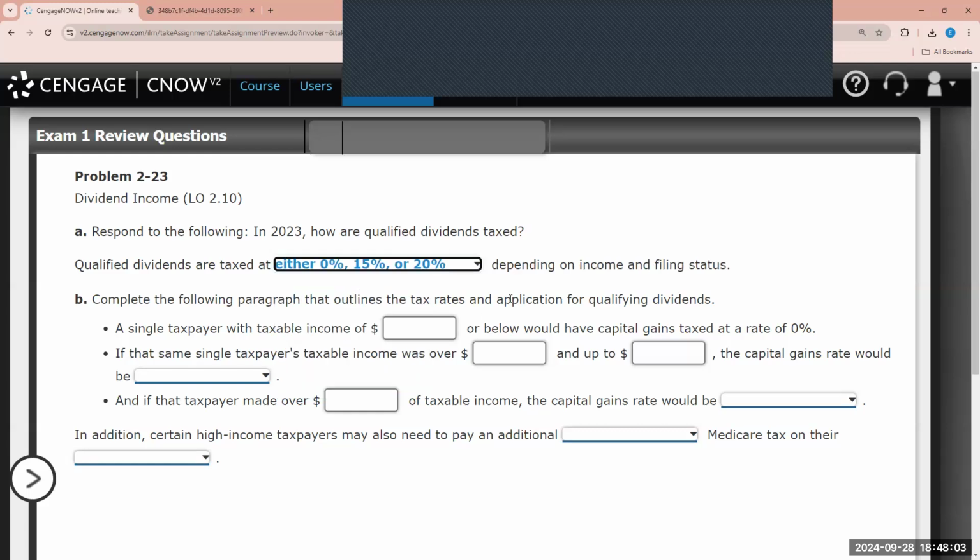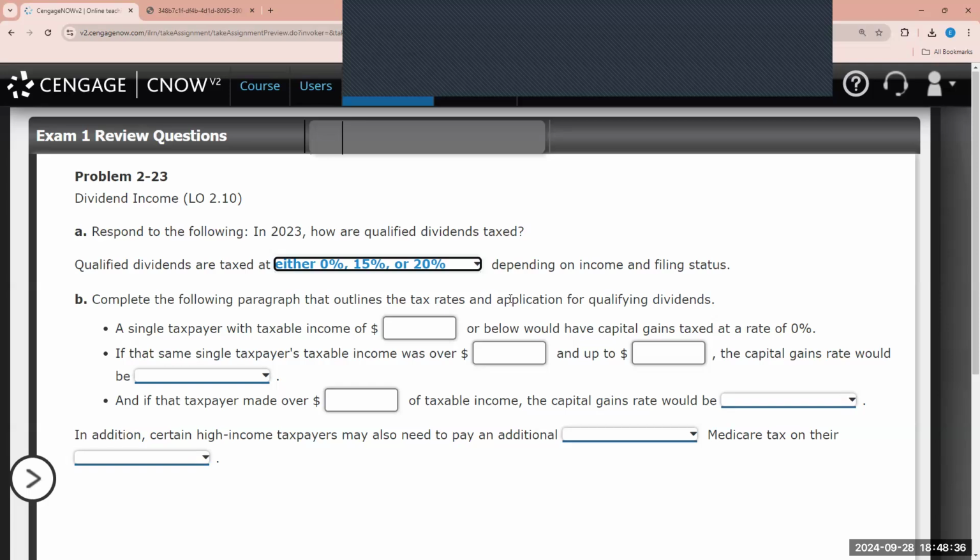So one of the reasons being is that the challenge is, as we mentioned a little earlier, corporations are considered a tax-paying entity, right? So corporations, let's say they have $50,000 of taxable income, they pay taxes on the $50,000. Now the corporation pays dividends to individuals out of their earnings and profits. So now when the individual receives dividends, the shareholder has to report taxes on the dividends received, and now they're paying taxes on the dividends received.